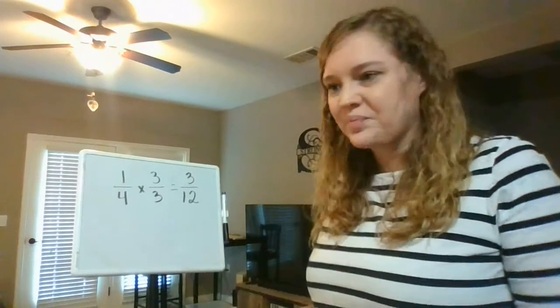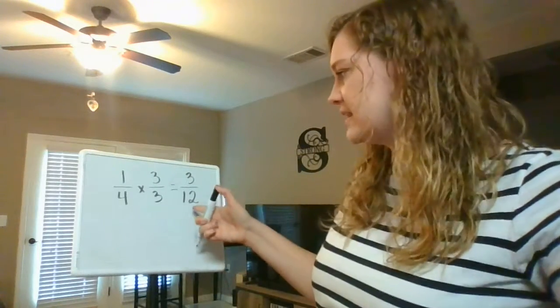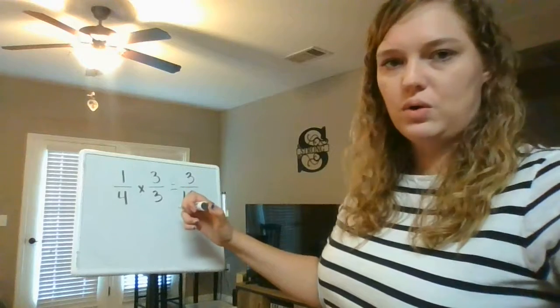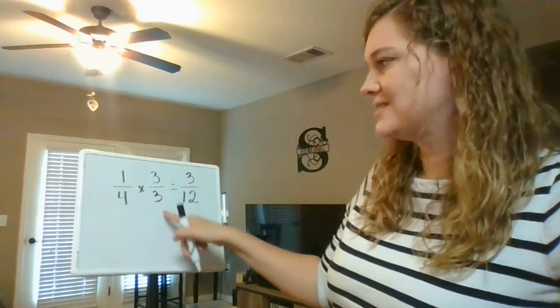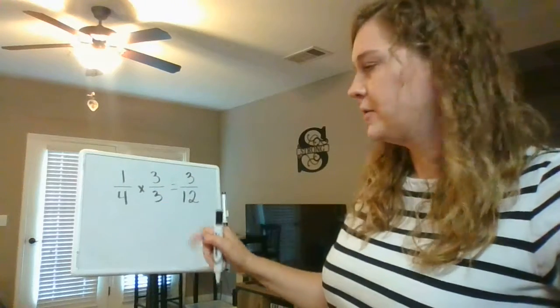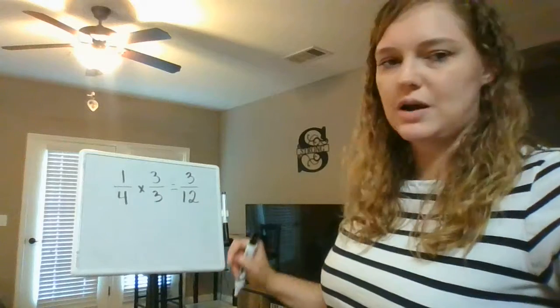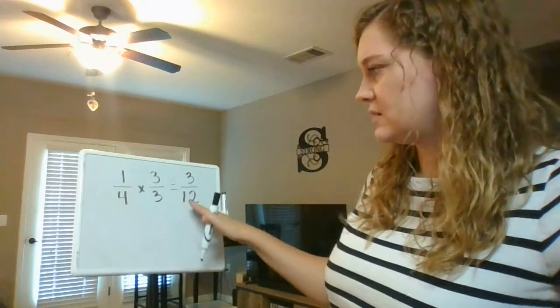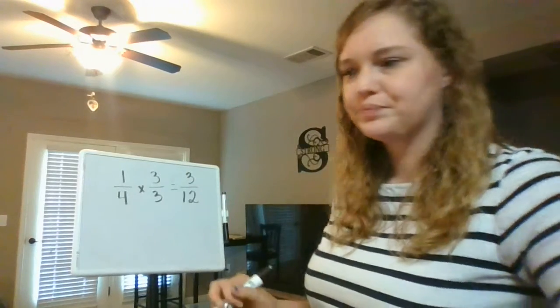That's simple. So when you're given the denominator like this, and you don't know what you need to multiply by, you figure out what to multiply by. You do that by saying 4 times what equals 12, or this number times what is going to equal this number. And then you just put that same number up here, okay?